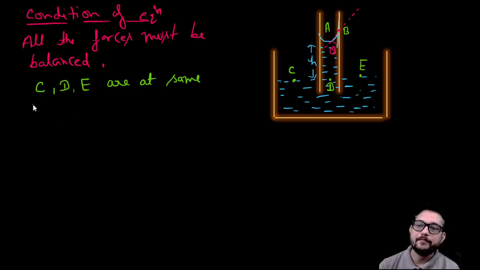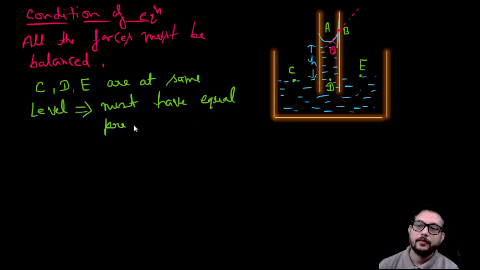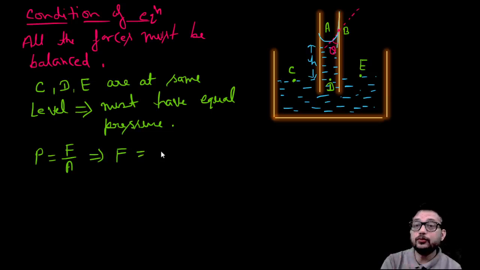Because all the points are at the same level, they must have equal pressure, and due to this pressure a force will be there. We know the basic formula: pressure is nothing but force upon area, so force due to the pressure is pressure into area.